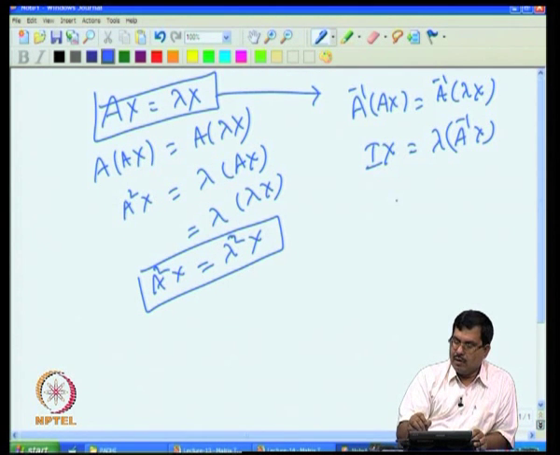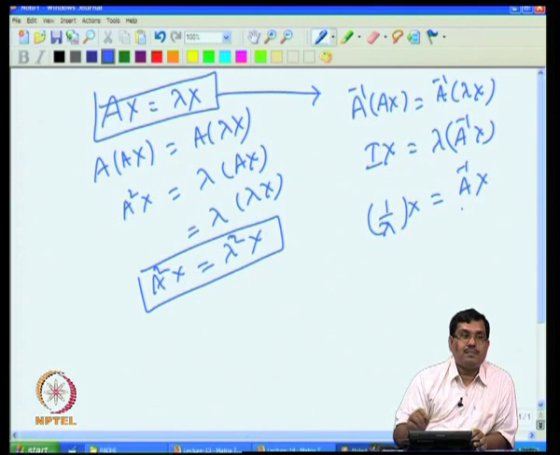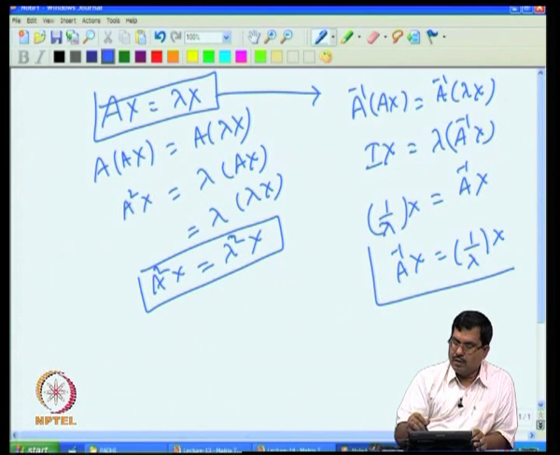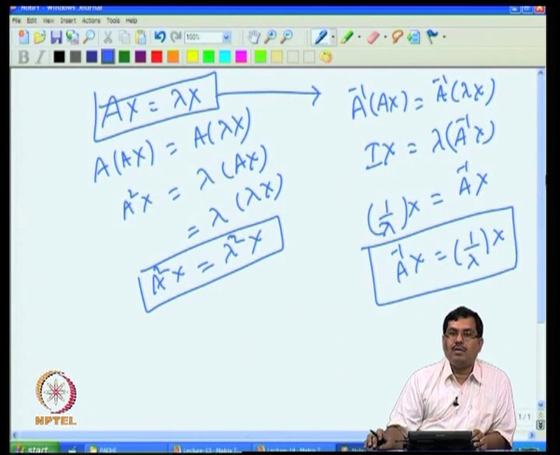So I get 1 by lambda times x is nothing but A inverse x. If you just rewrite, left side into right side, what you get is A inverse x is actually 1 by lambda times x. So this equation tells us that 1 by lambda is an eigenvalue for A inverse. And again, as a corollary, eigenvectors remain the same.